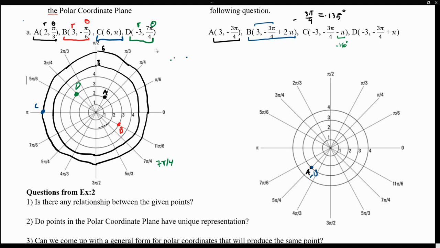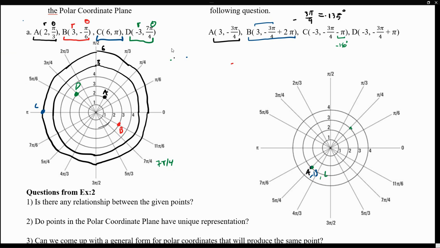That's going to land me exactly right here. And now let's pay attention to the value of r. r is negative 3. So we're not going to go 1, 2, 3 units in this direction. We're actually going 1, 2, 3 units in the opposite direction, which lands us on the same point.